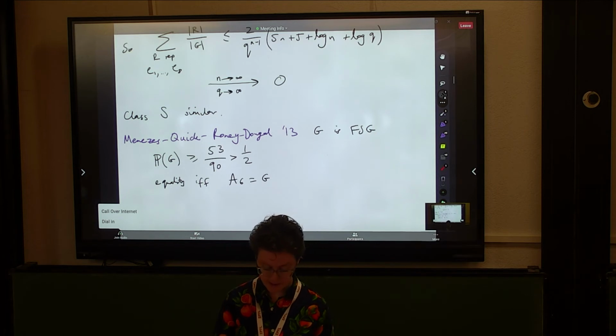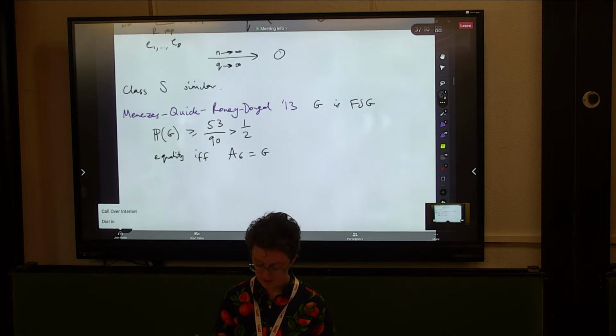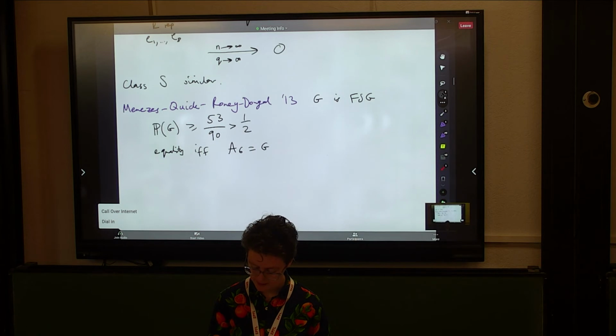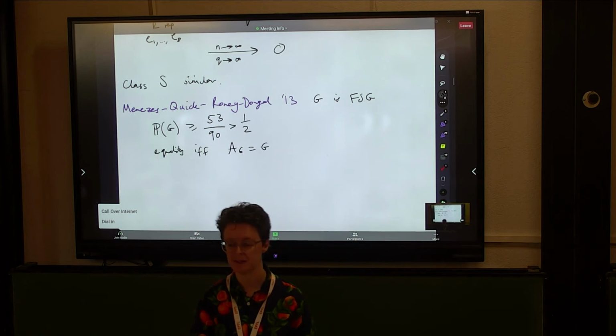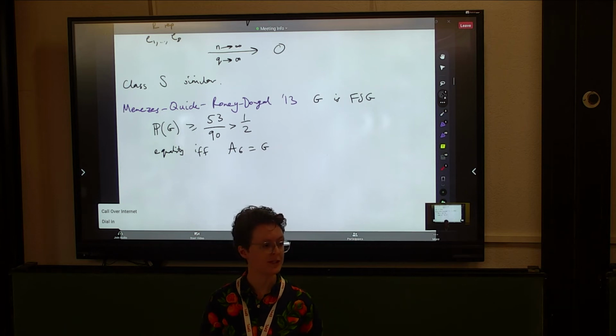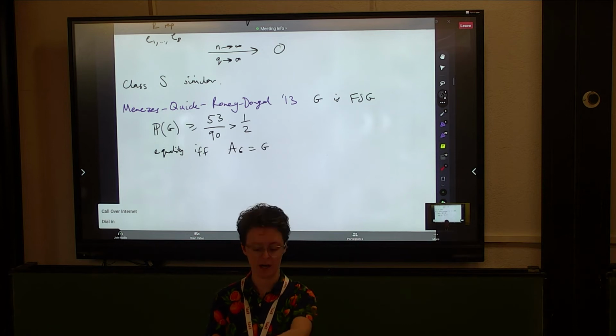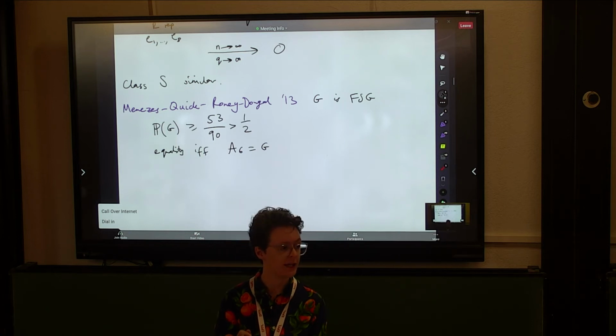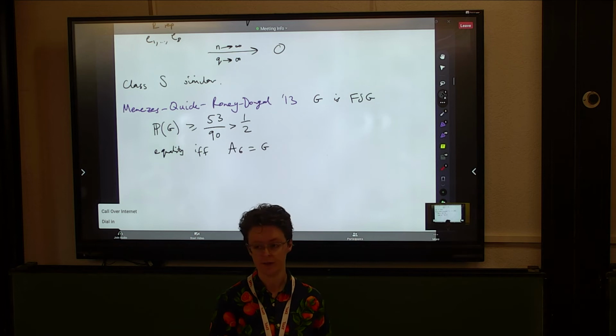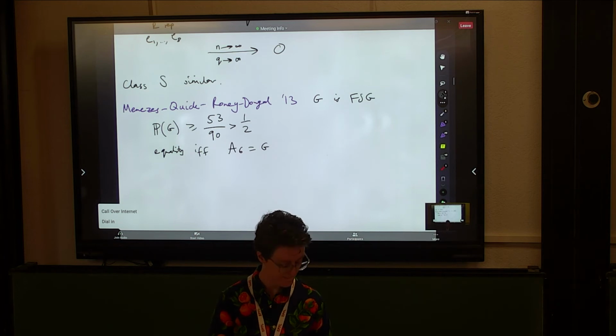Okay, and the methods for this are the same methods as what we just discussed, but they're just really careful about checking all of the specific numbers. So obviously our bound was wildly too big, right? It was still 0. So they just went through and actually checked everything, and they found this bound.